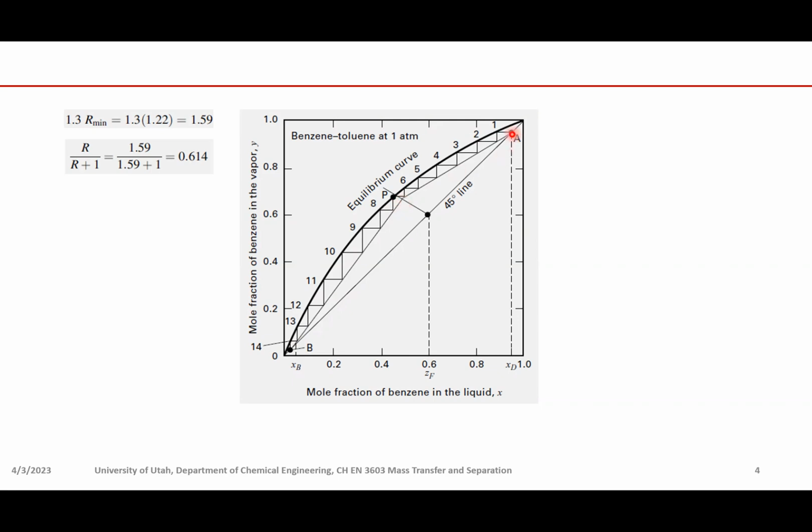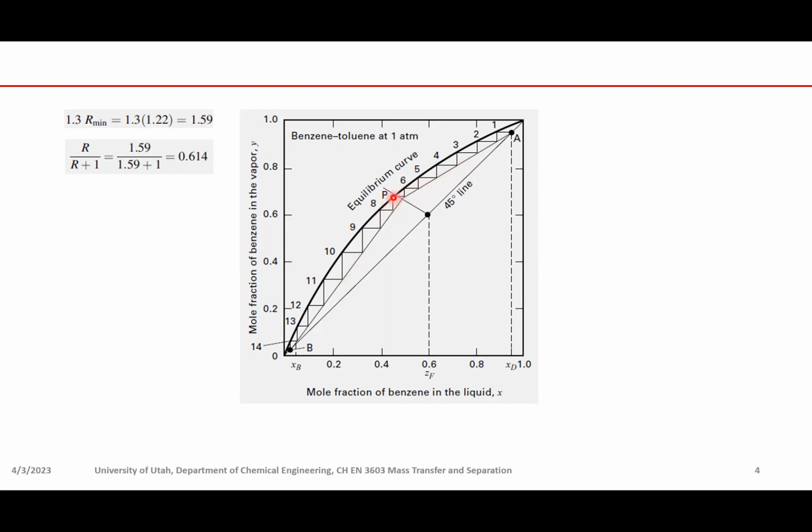Then you can do the step off, starting from point A. Then you have stage 1, 2, 3, 4, 5, 6. Then at stage 7, as we can see, when you draw the horizontal line, it passes this intercept point. That means after this stage, we need to switch our operating lines from the rectifying section to the stripping section.